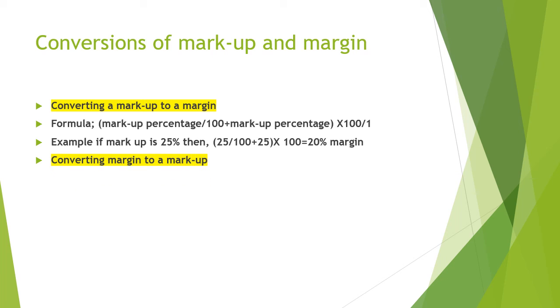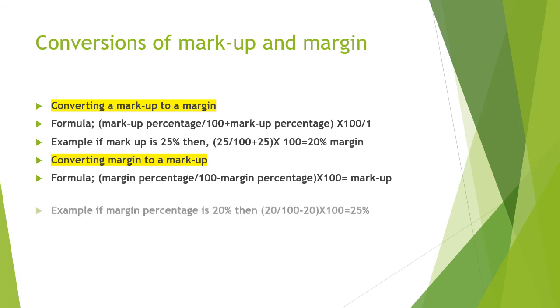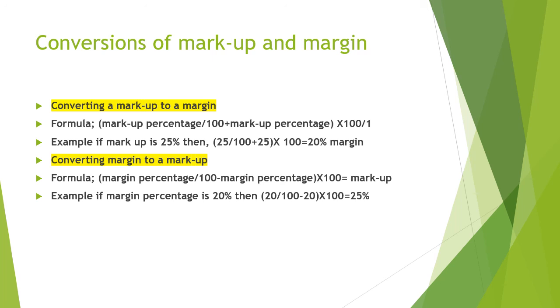Converting margin to a markup. The formula is margin percentage divided by 100 minus margin percentage, multiplied by 100, is equal to markup. Example: if margin percentage is 20%, then 20 divided by 100 minus 20, multiplied by 100, is equal to 25%.